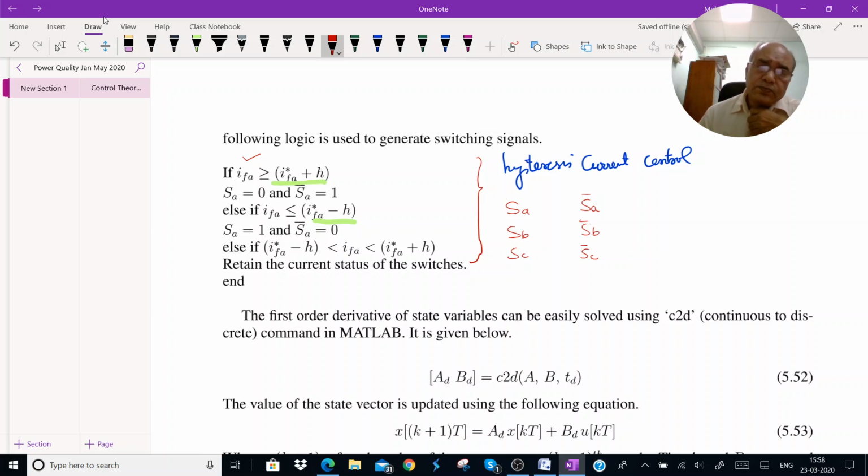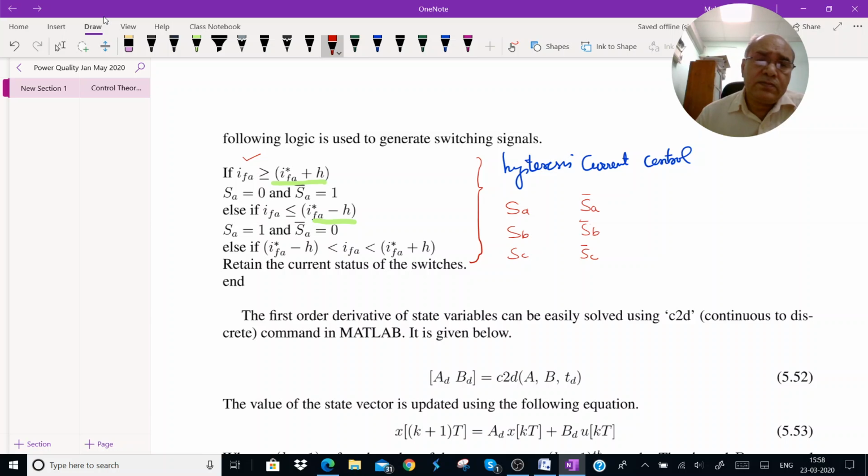These switch statuses are generated using the switching logic in these lines. When the current is more than the upper limit of the reference, I have to make the top switch off and the bottom switch on. When S is equal to 0, it implies the top switch is off, and when it is 1, the top switch is on, and vice versa for the bottom switch. So when SA is 0, SA bar is 1. Similarly, when IFA is less than IFA star minus H, SA is 1 and SA bar is 0.